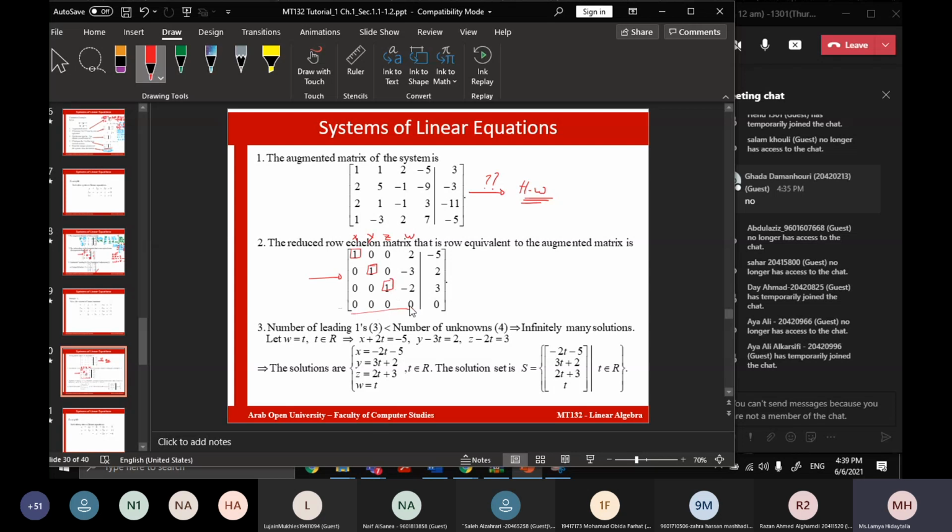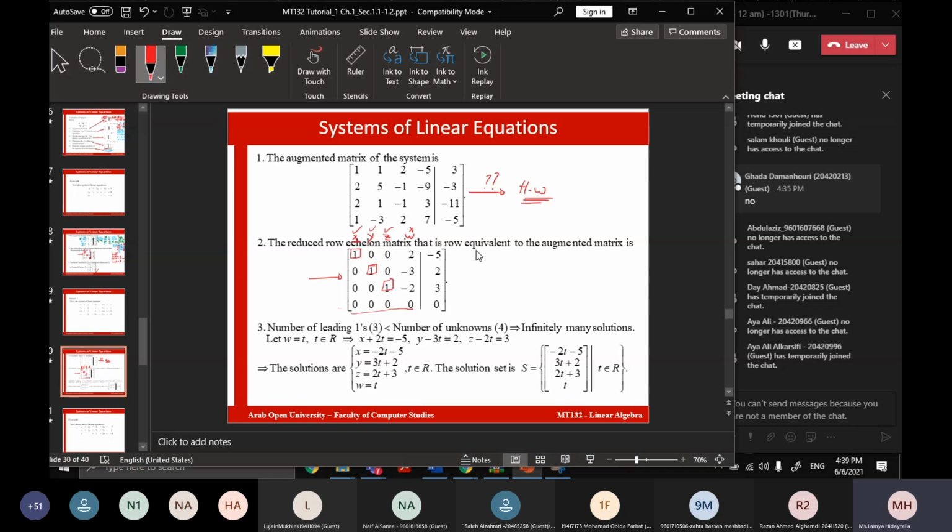Now the fourth row has no leading one. So the column has no leading one. This has a leading one. This has a leading one. This has a leading one, but this one has no leading one. So for the columns that have no leading one, the variable, we give it any real value. It can take any real value. We call it T, or we call it R, or we call it S, no matter.